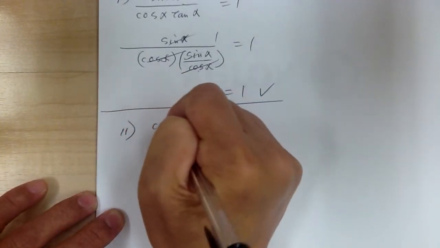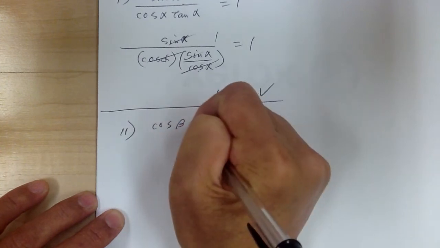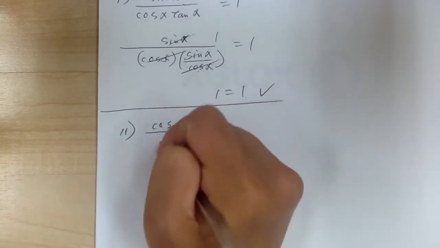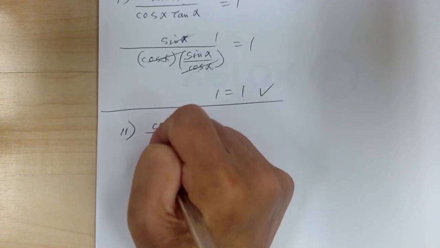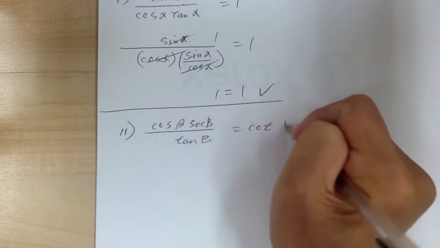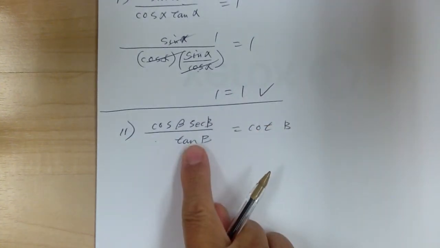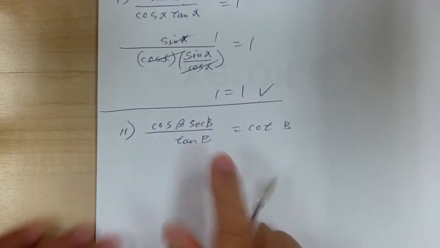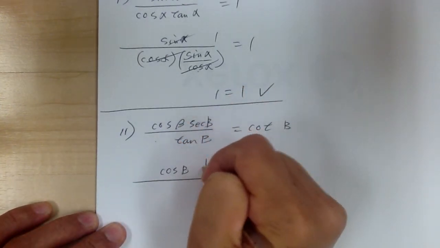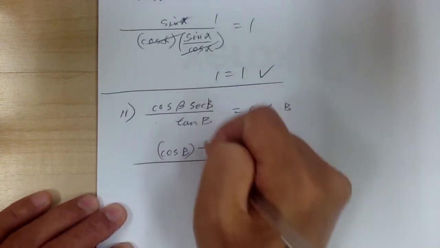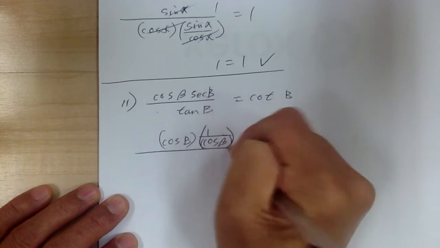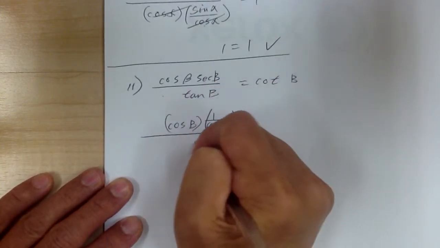Number 11, you have cosine beta secant beta over tangent beta equal to cotangent beta. This side is more complicated, so let's simplify this side. You have cosine beta. Secant is 1 over cosine, and tangent is sine over cosine.